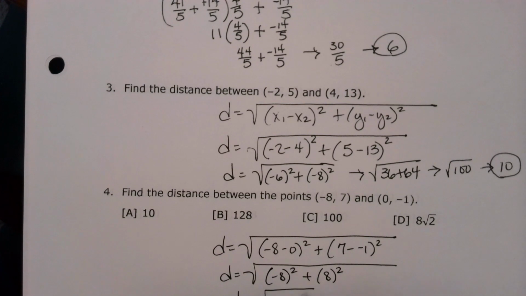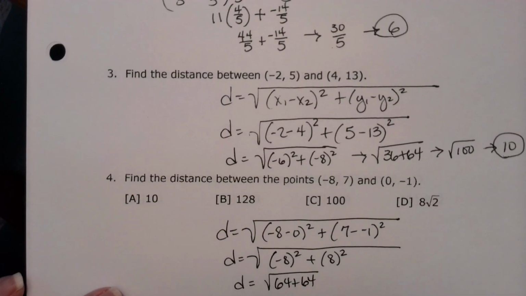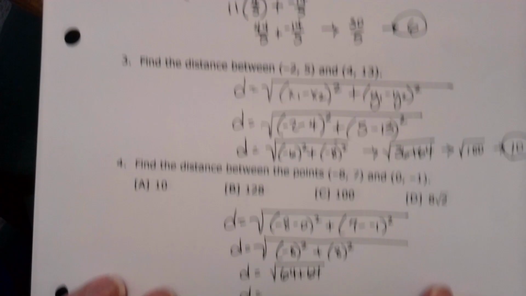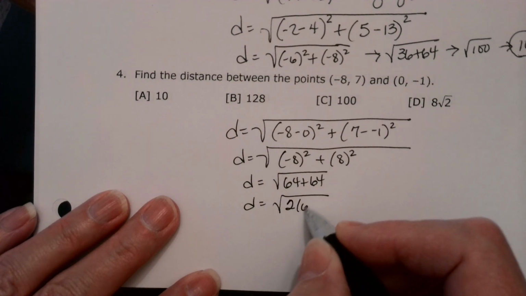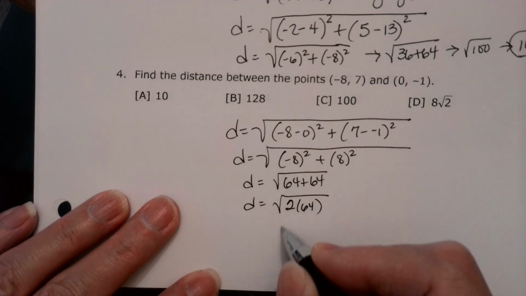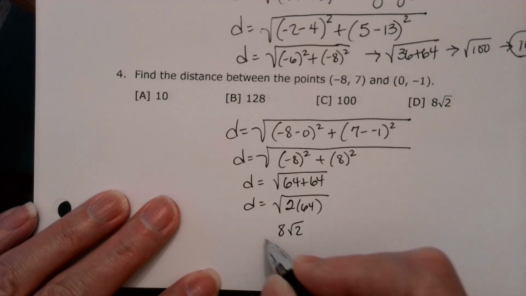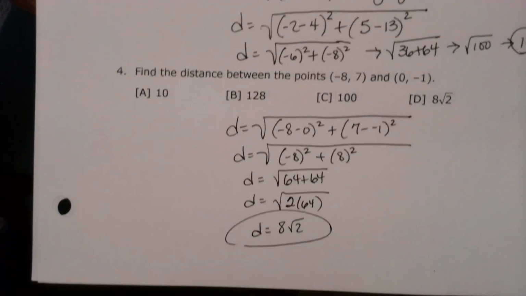So this is going to be 64 plus 64. Now, since you know the square root of 64, and we're getting ready to simplify it, it's best to think of this as 2 times 64, because I can take the square root of 64 and leave the 2 underneath. And you get your answer. Alrighty, have fun.